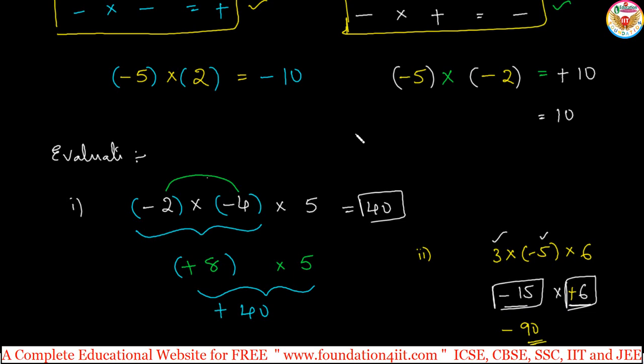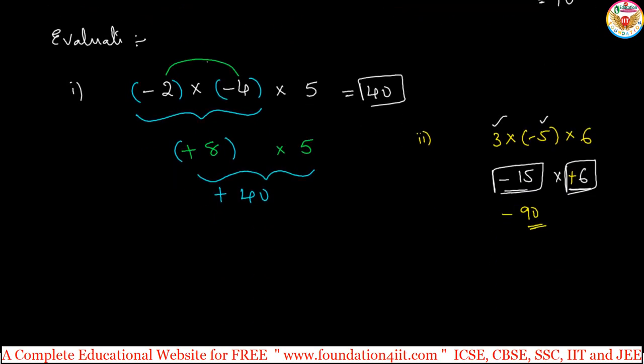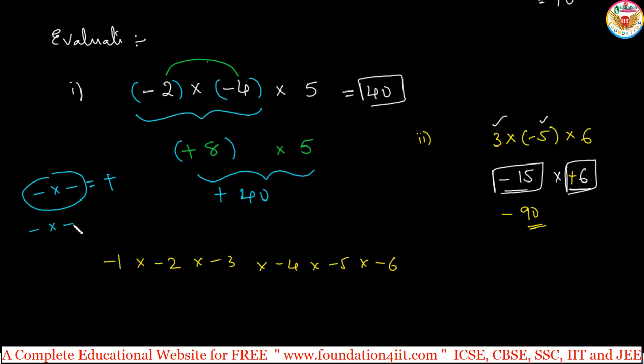And two simple rules I will show. Any number of negatives, for example multiplying minus 1, minus 2, minus 3, minus 4, minus 5, minus 6: observe how many negative numbers there are. 1, 2, 3, 4, 5, 6, which is an even number. Minus into minus is plus because of two negative numbers. Minus into minus, again into minus: the first two make plus, and plus into minus is minus.